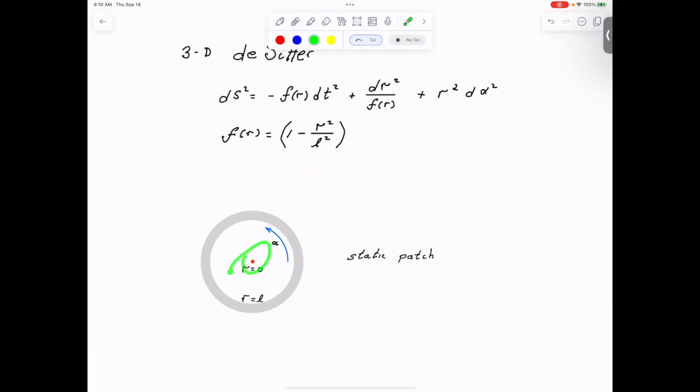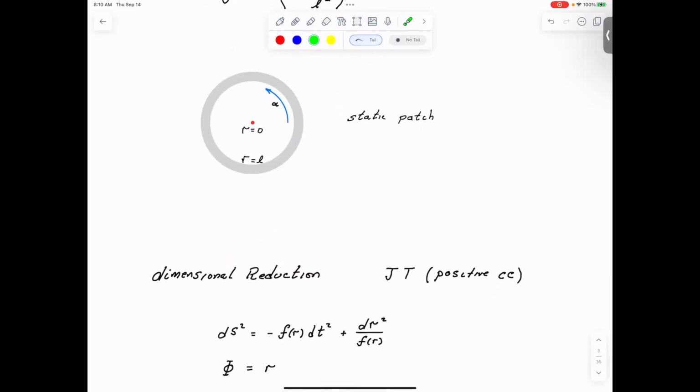Here's a picture of a static patch. Here's the pole at the center. There's an angular variable alpha. There's a horizon to the static patch out here somewheres. And what we're going to do is think about dimensional reduction, in which the reduction takes place on the angular coordinate alpha.